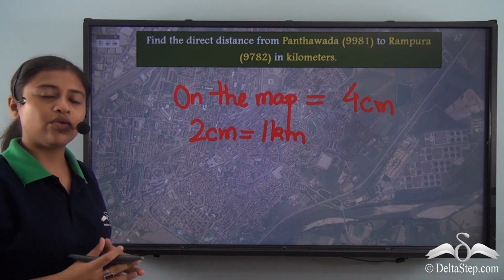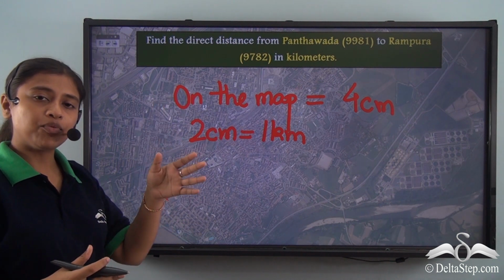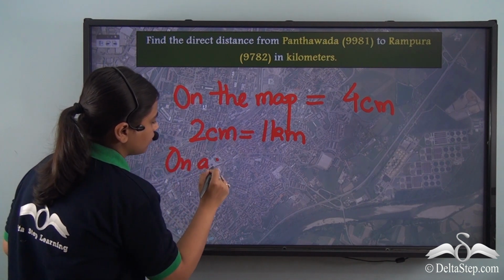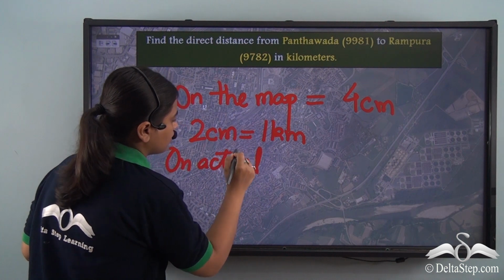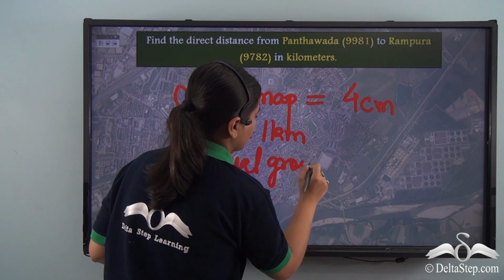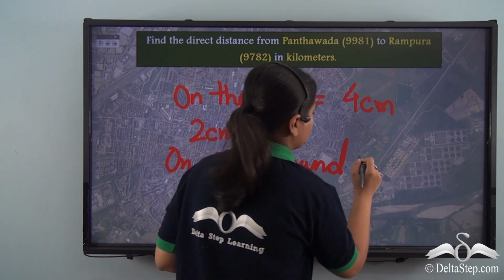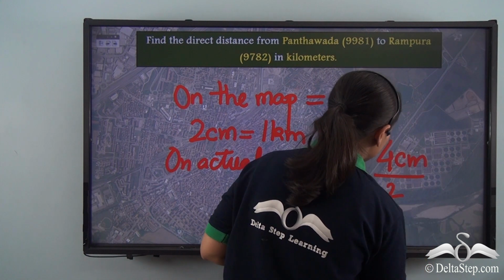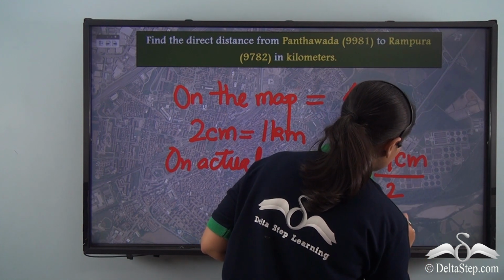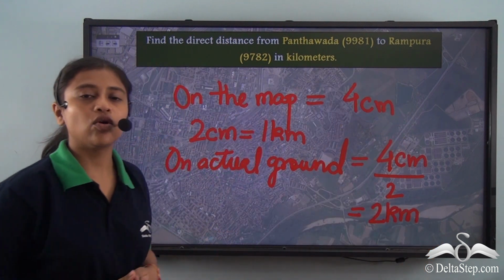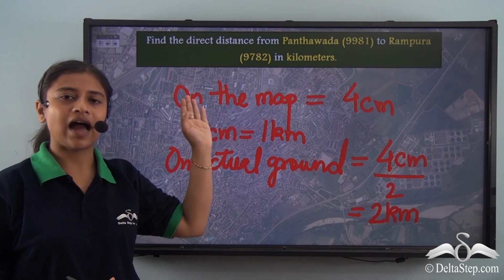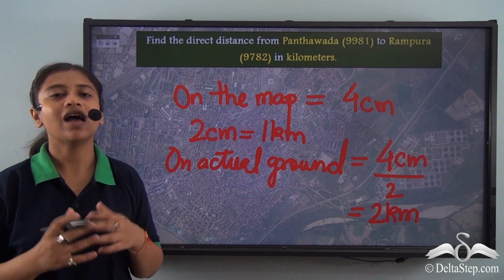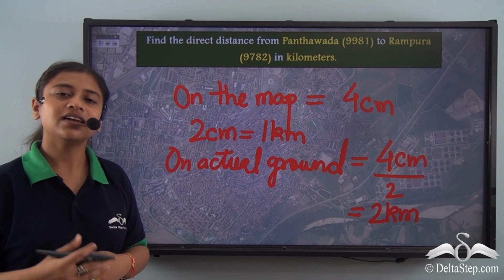So on the actual ground, the distance between Rampura and Panthavada would be 4 centimeter divided by 2, that is 2 kilometers. So the direct distance between Panthavada and Rampura with the help of a scale would be 2 kilometers on the actual ground. Let's take a look at another question.